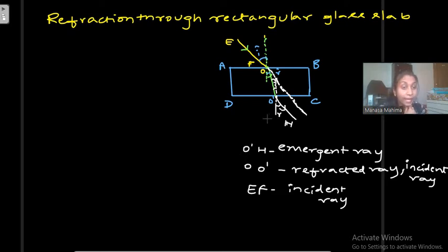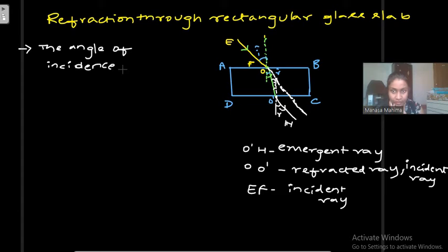the angle of emergence. Okay, here one point you have to note down. What is that point? The angle of incidence is equal to the angle of emergence.